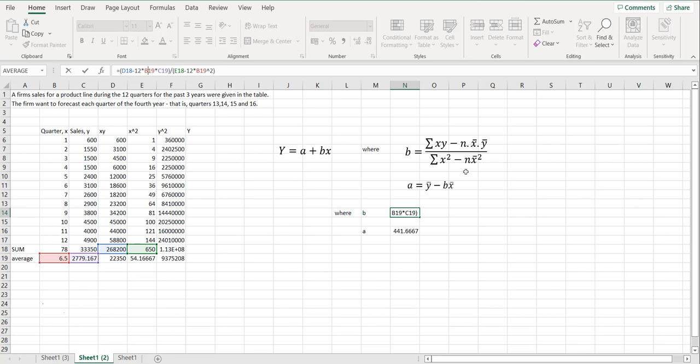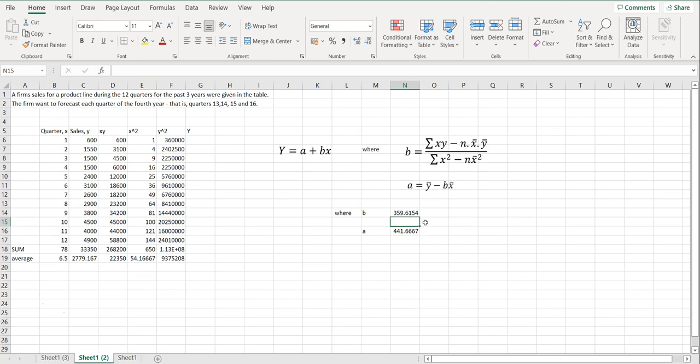And you divide by E18, which is the summation of x squared, minus n, where n is 12, multiplied by the mean squared. The mean squared is 6.5 to the power of 2, so B19 to the power of 2. When you calculate, you will automatically get b equal to 359.6148.